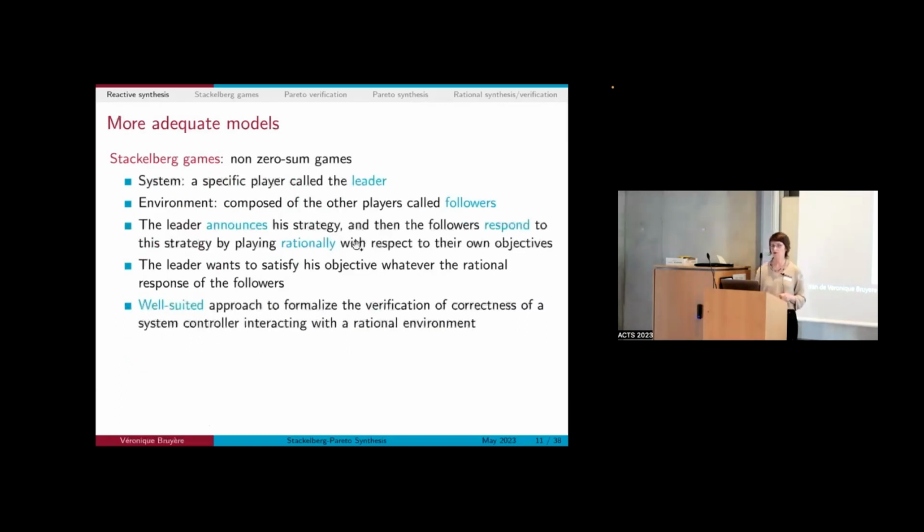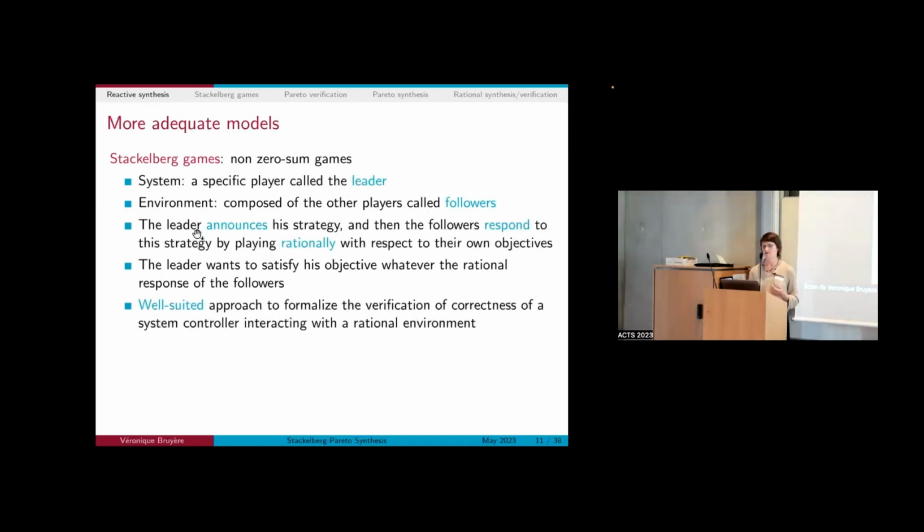So the model is what we call Stackelberg games. These are non-zero-sum games because the environment and the system are no longer opposed. The system will be seen as a specific player that I will call the leader. And the environment is composed of other players called followers, one or several, depending on whether the environment has one or several components.